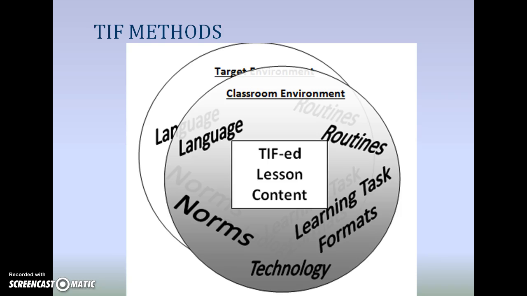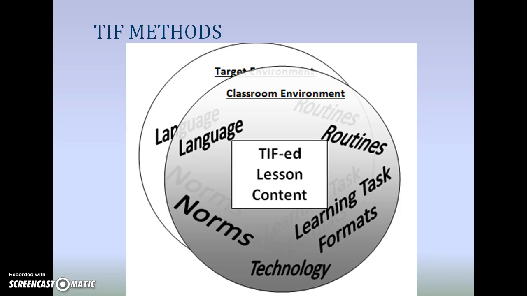in the target environment. In the middle of this classroom environment visual, you will see the box that says the TIF lesson content. These are the lessons that you are creating, and for example, the lessons that we watched that were assessed and complemented. But around that, the periphery of all of that, is the actual environment of the classroom. What happens when students enter the classroom?